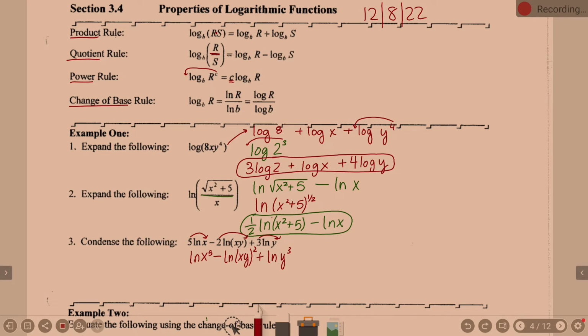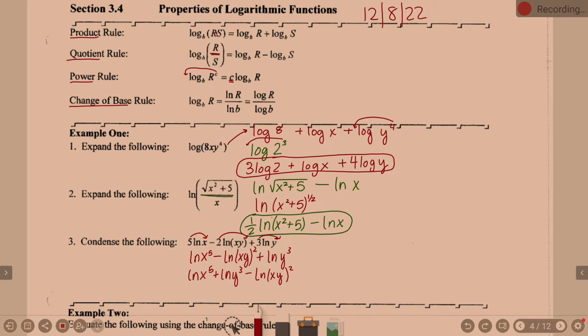I'm going to rewrite this to put natural log of x to the 5th plus natural log of y cubed next to each other, so I can see those 2 logs being added, and then subtracting the natural log of xy quantity squared. That's my idea. I'm not saying you have to do it this way. You can go a different route and still meet me in the end.